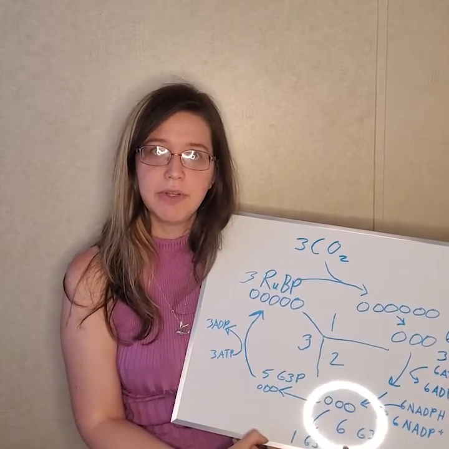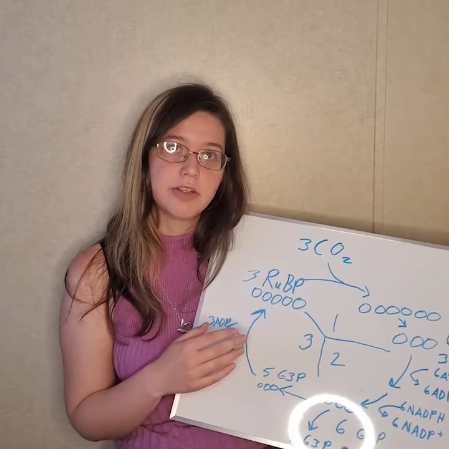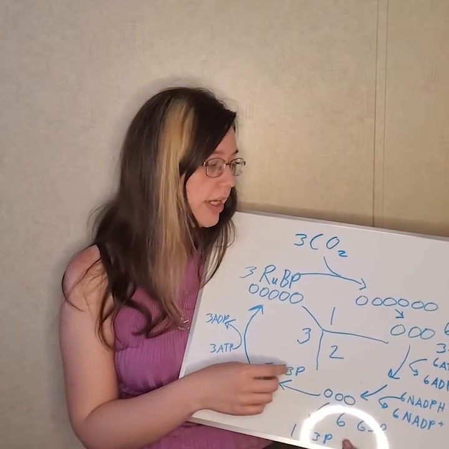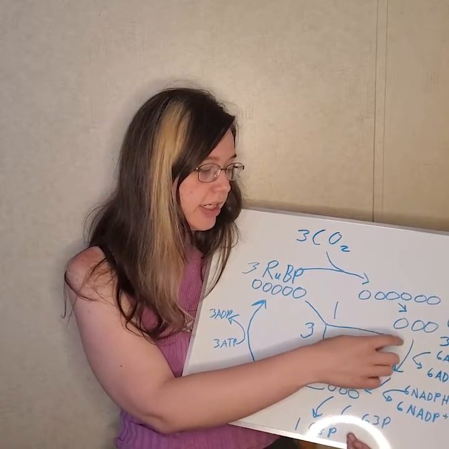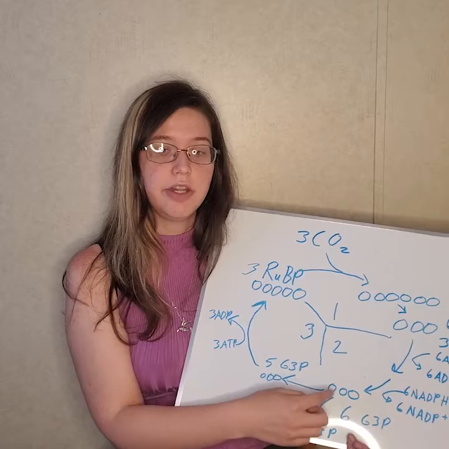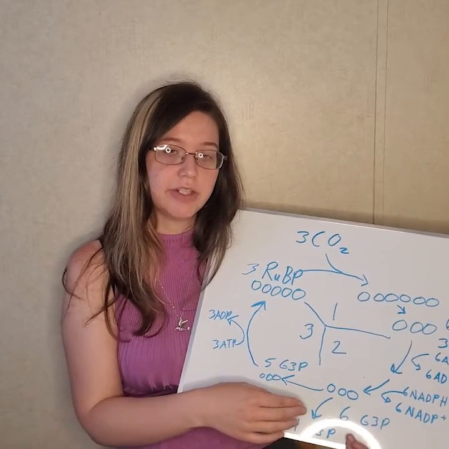The next step of the Calvin cycle is called reduction. In this, 3-PGA is reduced to G3P. And this is through a series of reactions.